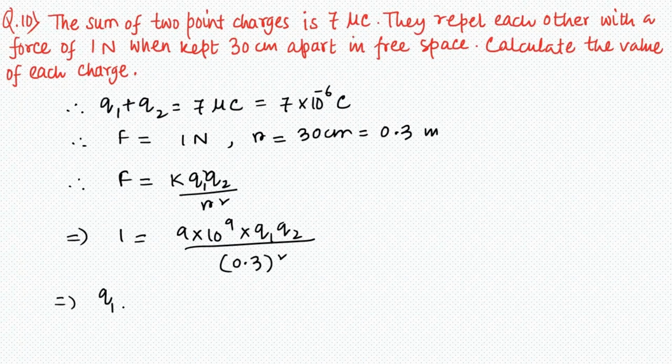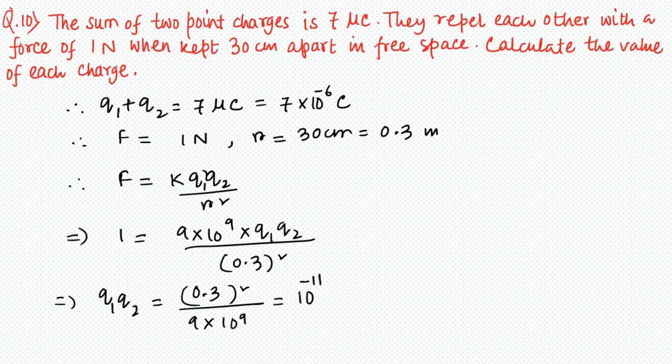So from here we get Q1 Q2 is equal to 0.3 square divided by 9 into 10 to the power 9, which is equal to 10 to the power minus 11. We can assume this as equation number 1.